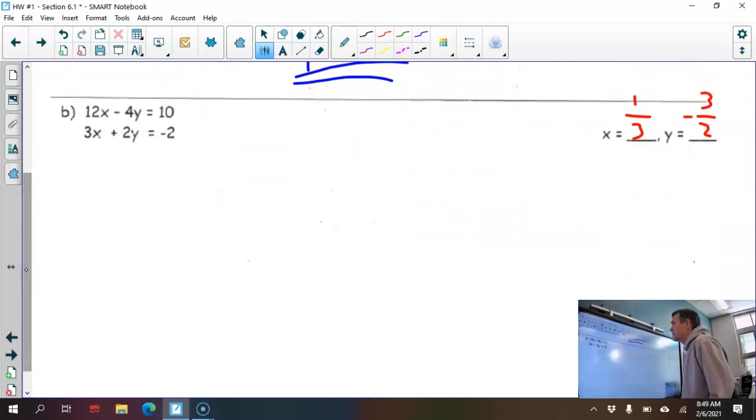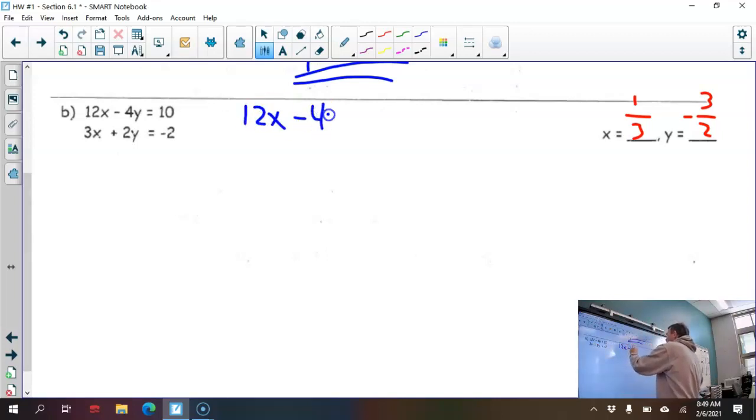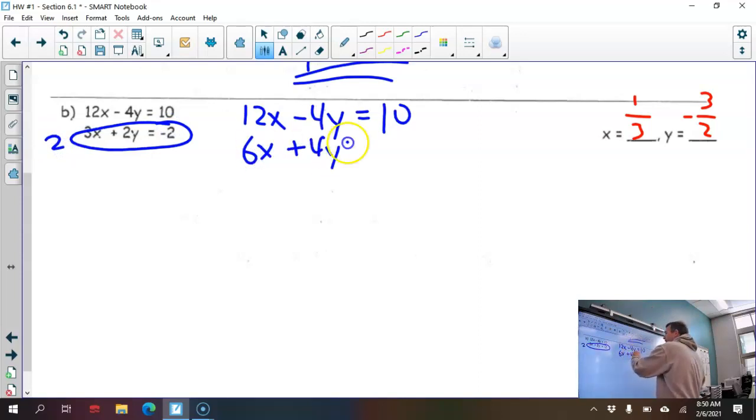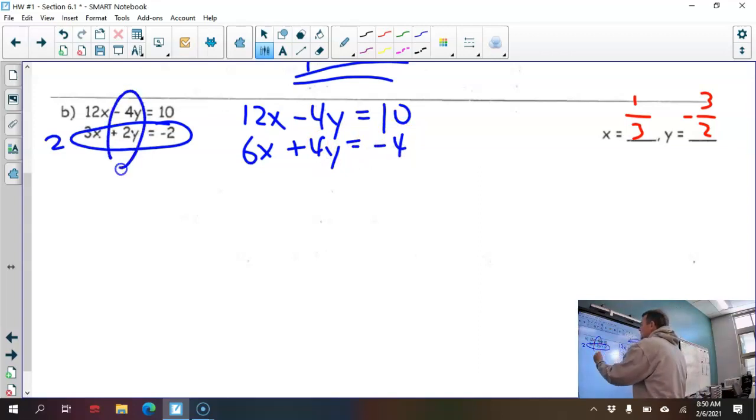Letter B. I would probably solve this one by the elimination method. So I'm going to rewrite the first equation, but I'm going to take this equation and multiply it by 2. And that gives me 6x, 4y, and -4. Why did I multiply by 2? Because I wanted these guys to be opposites of each other.